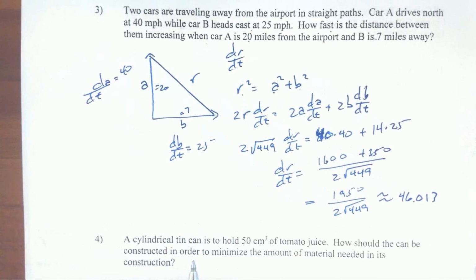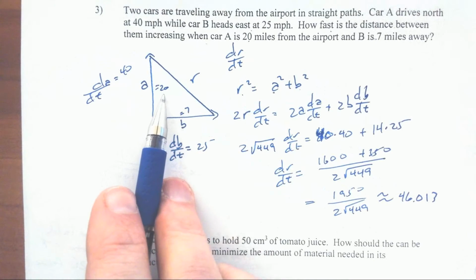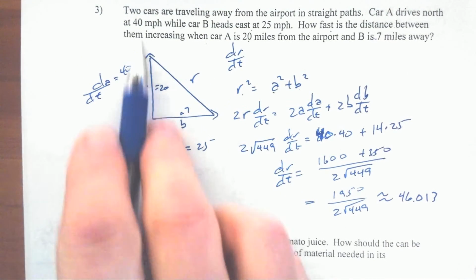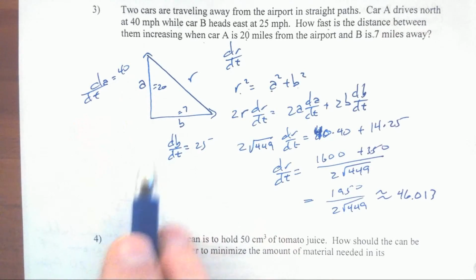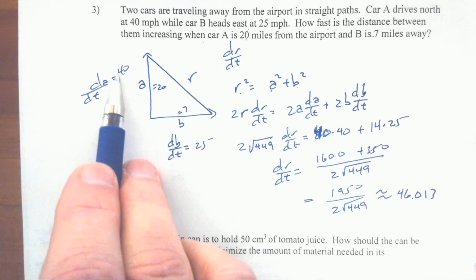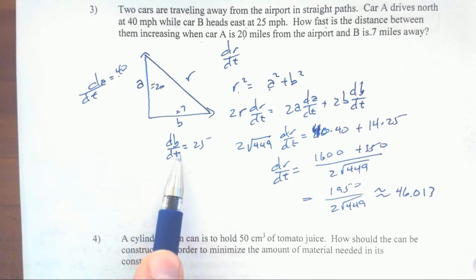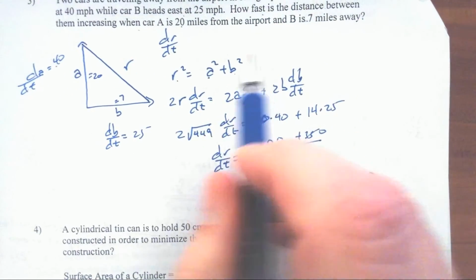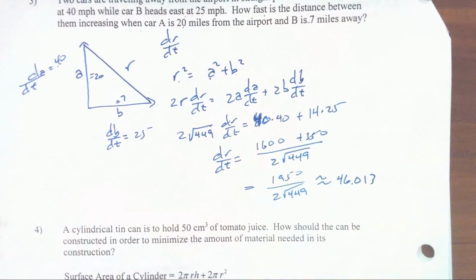How fast is the distance between them increasing? Well, it does kind of make some sense. The distance between them has got to be increasing faster than A, which is 40, and faster than B, so that seems at least reasonable. So, the question: how fast is the distance between them increasing?